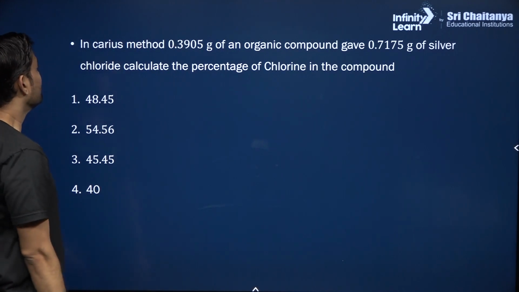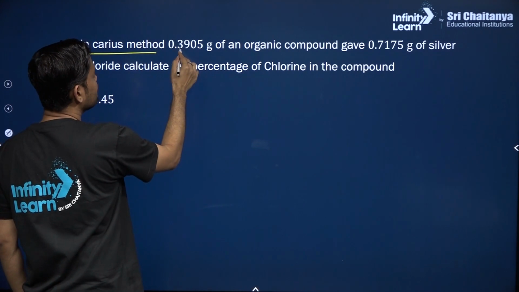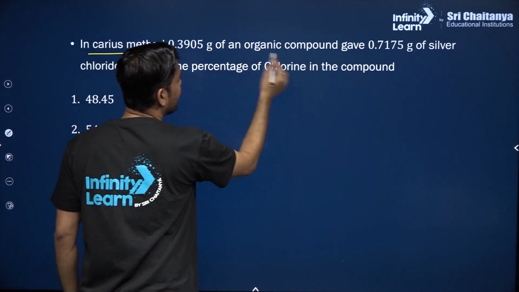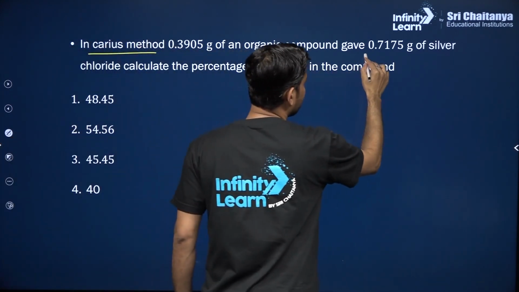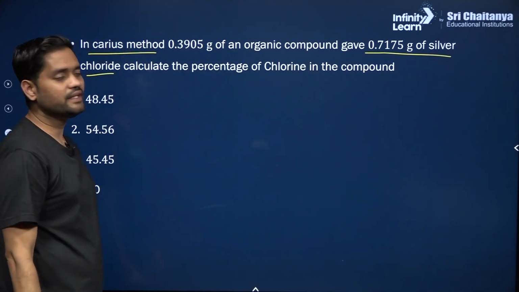Next, in Carius method, 0.3905 gram of an organic compound gave 0.715 gram of silver chloride. Calculate the percentage of chlorine in the compound.